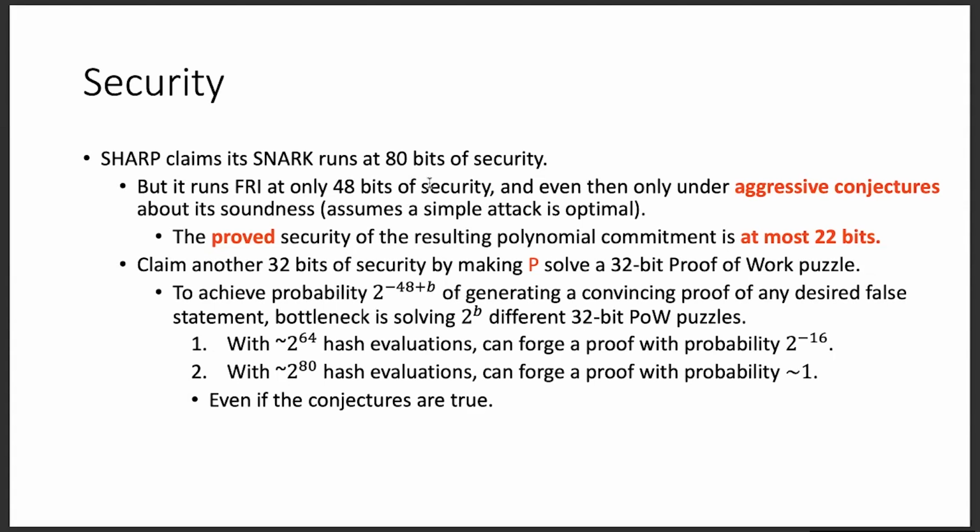And that conjecture alone is not enough, because the way they analyze the combination of the FRI security analysis with the polynomial IOP involves list decoding, and so the Johnson bound comes in again.